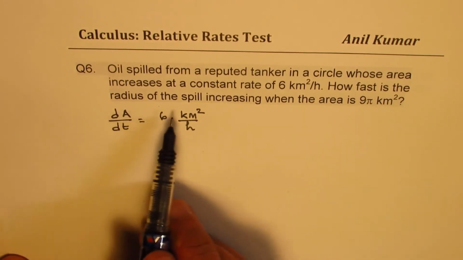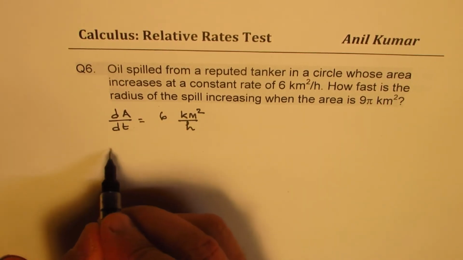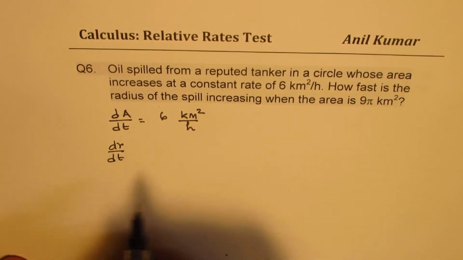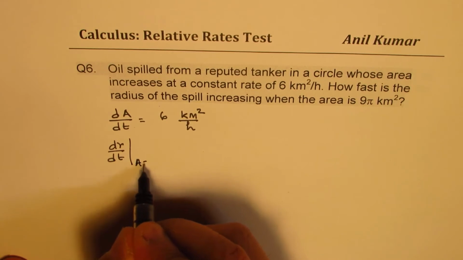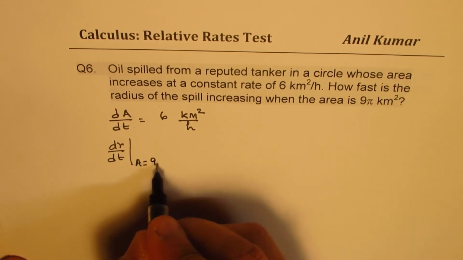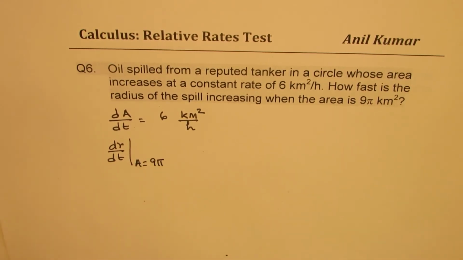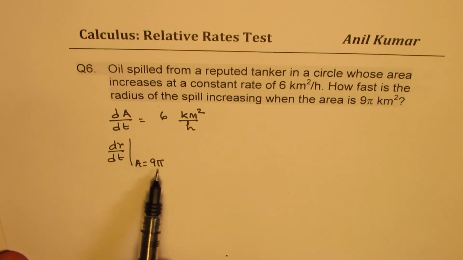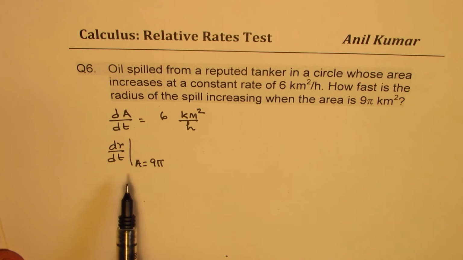How fast is the radius of the spill increasing? So we need to find dr/dt when the area is equal to 9 pi. So that is the question for us. Now we also need to know what the radius is when the area is 9 pi. That is another thing we should know.